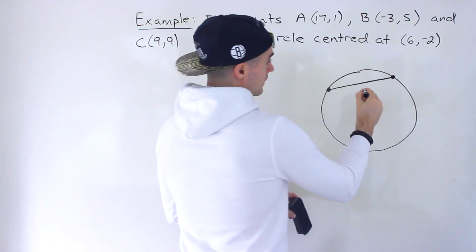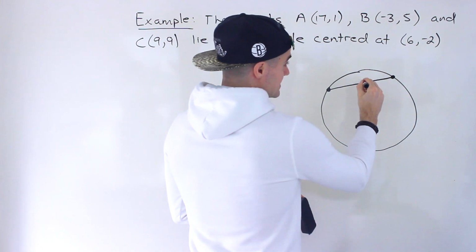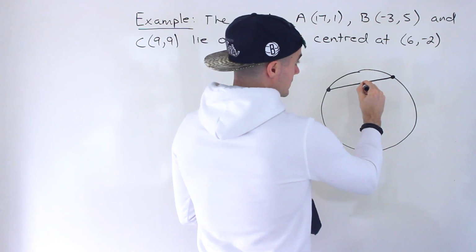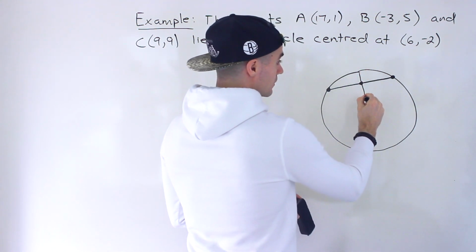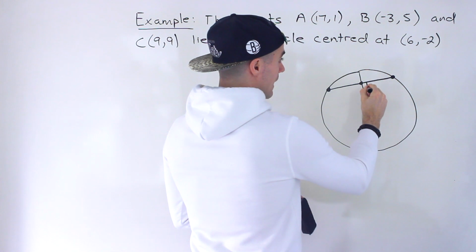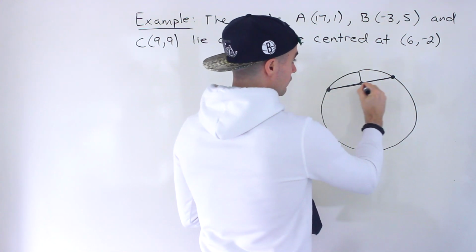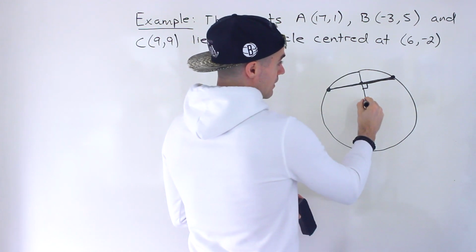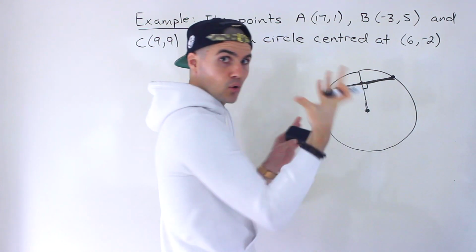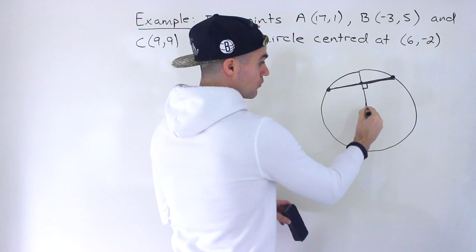If we draw the right bisector of this chord, remember what is a right bisector? It's basically a line that goes through the midpoint of the line segment you're looking at, and it's perpendicular to that line segment. So here we have the chord, and then here we have the right bisector of the chord. That right bisector of any chord of a circle is always going to go through the center.